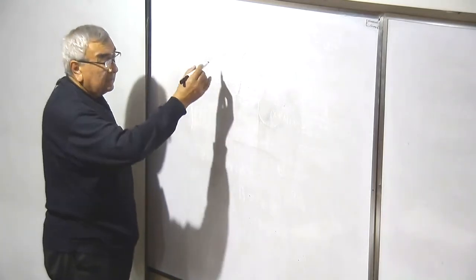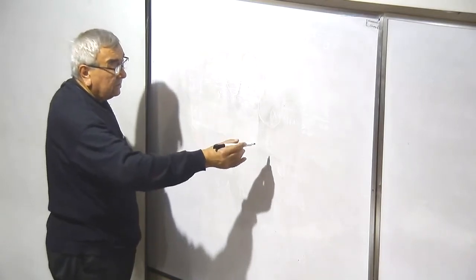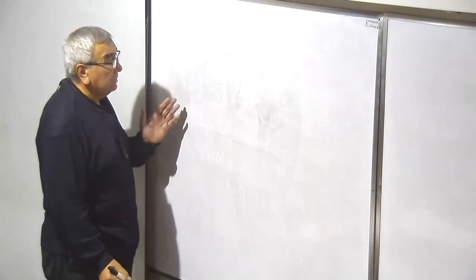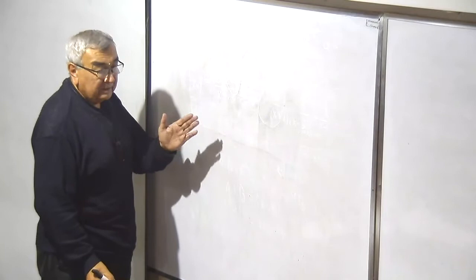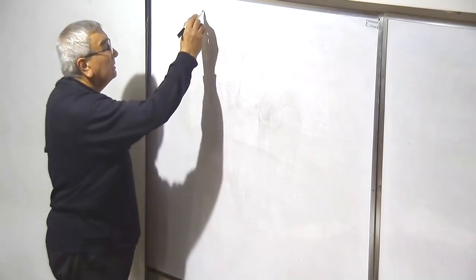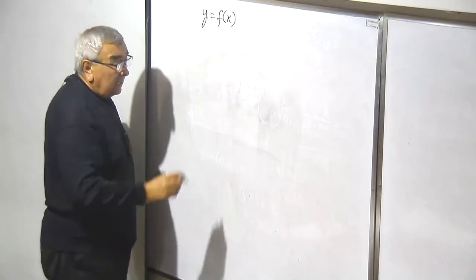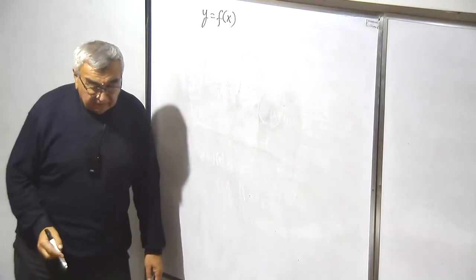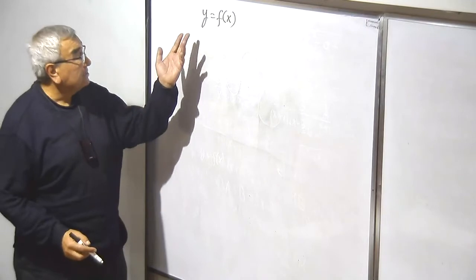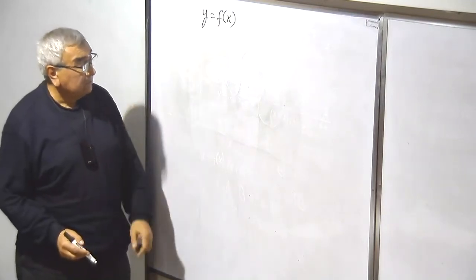Let us, for a simple case, consider the motion of a particle on a plane, that means a two-dimensional motion. It is necessary to find f(x). But sometimes it is difficult to find the dependence of the y coordinate on the x coordinate.